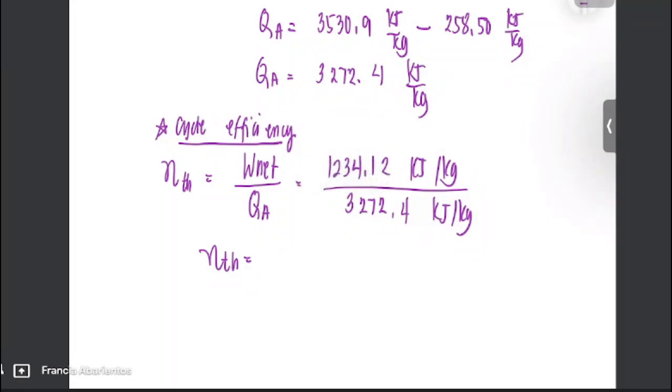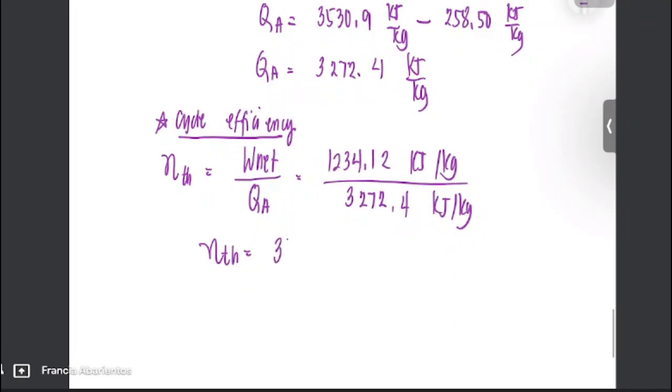Give now 37. Ayan. 37.70. Ano sa inyo? Ayan. 25.51%. So this is now your final answer in solving an ideal Rankine cycle. Okay?